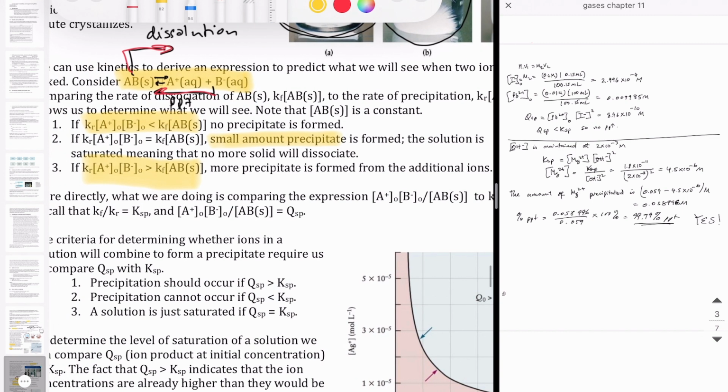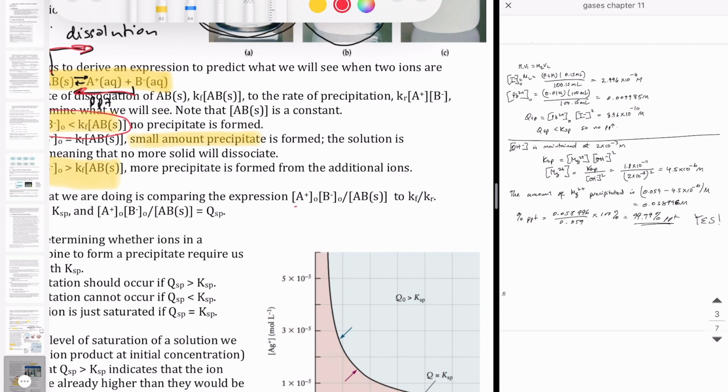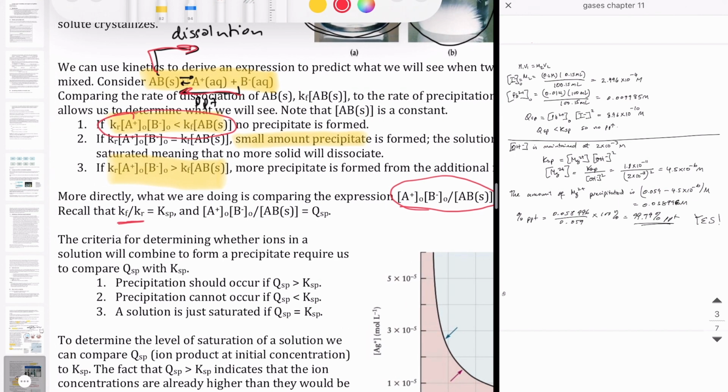So we can rearrange this expression of the 2 rates, which is shown right here, and express it so that you have just the ratio of concentrations on one side and the ratio of the rate constants on the other side. Once we have the ratio of the rate constants, that's just equal to the K value, and then the ratio of the concentrations is just the Q value.